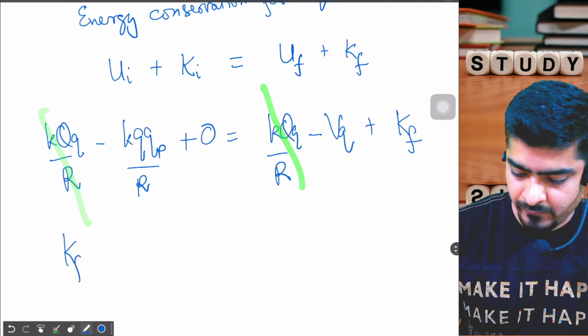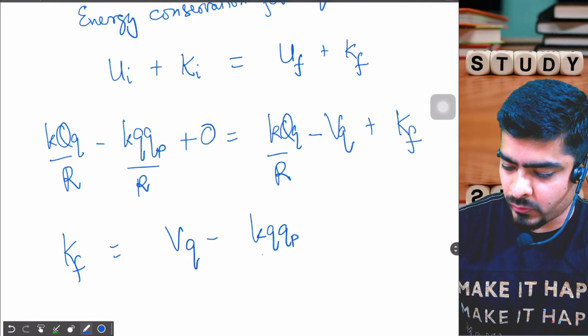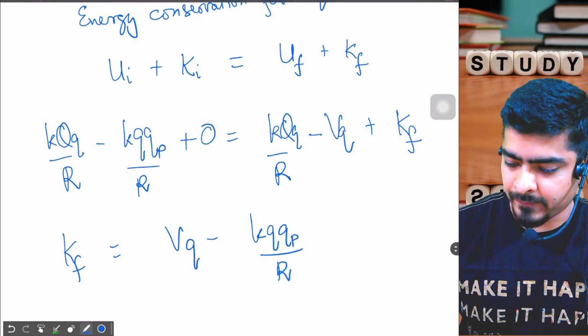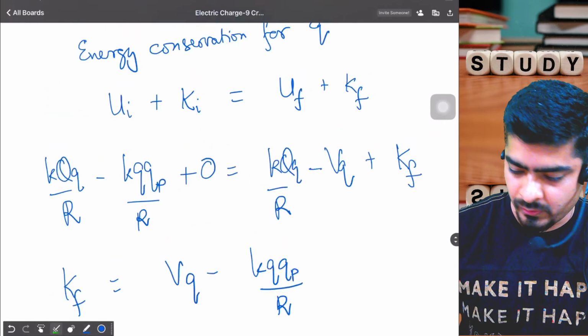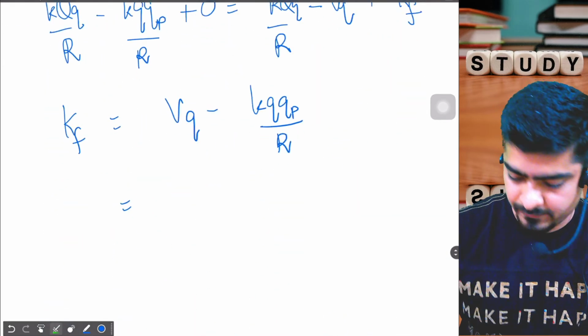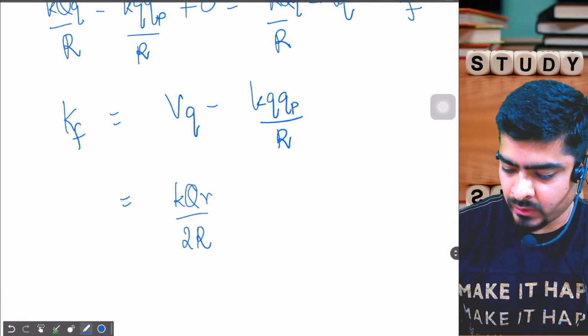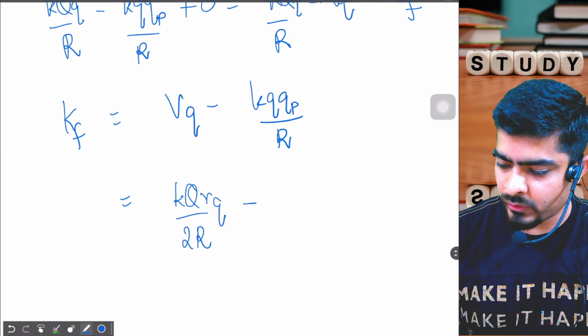So Kf will be equal to V times small q minus kqQp by capital R. So what is V? V is kQr by 2R, so kQr divided by 2R times small q minus kQq by R.